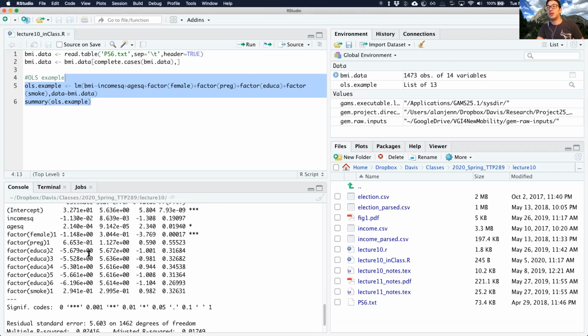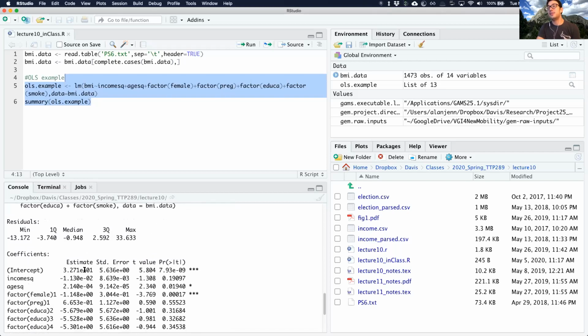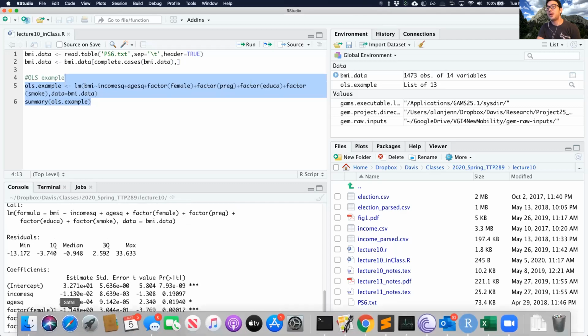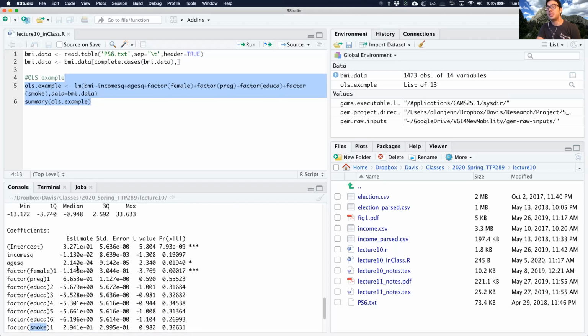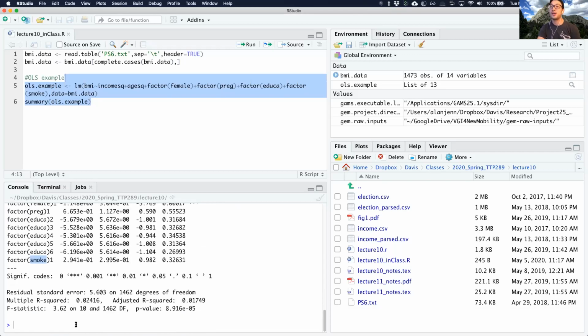But we know that probably the relationship between smoking and BMI is confounded by some other variables that either you're not controlling for or are related to other explanatory variables. And so we want to be able to isolate that.